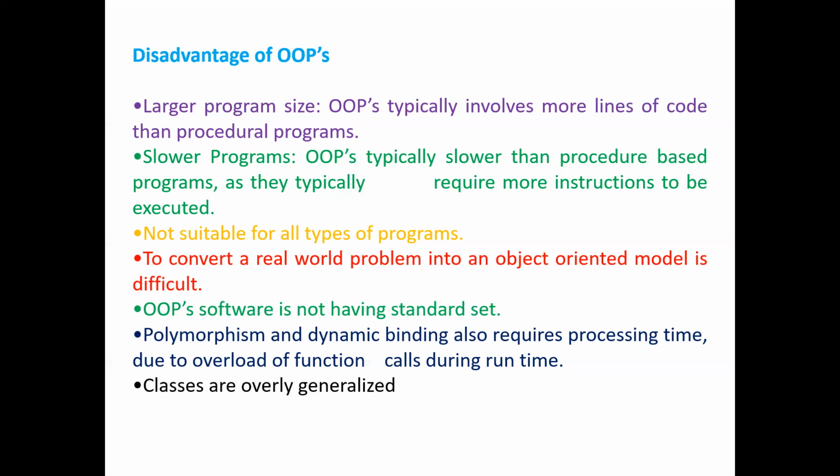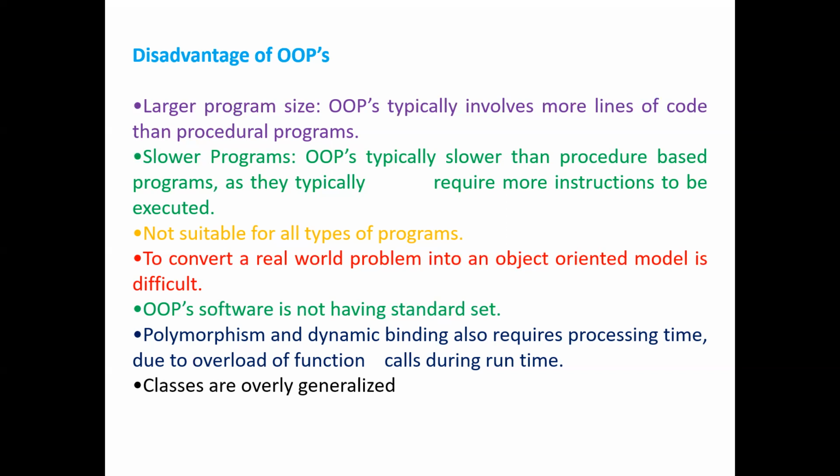Correct? So that's why overly generalized, the classes are overly generalized. That's why there is a drawback or disadvantage of writing a program for us, right? There is one more disadvantage: overly generalized.